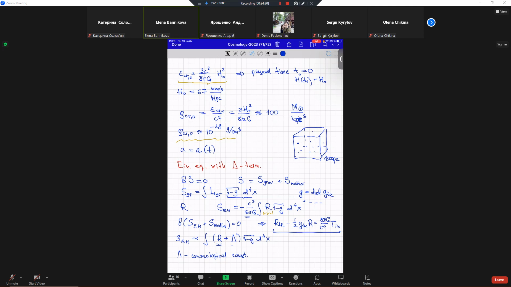We will consider a little bit later the model of the universe, the static model which Einstein considered.